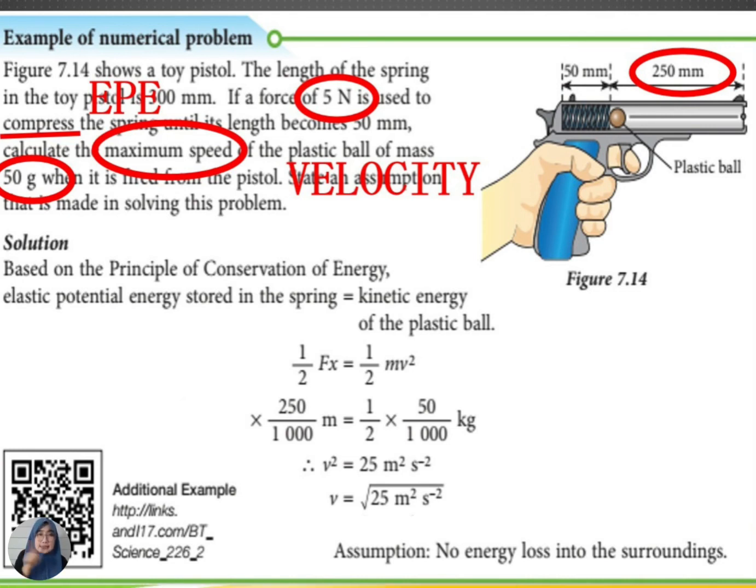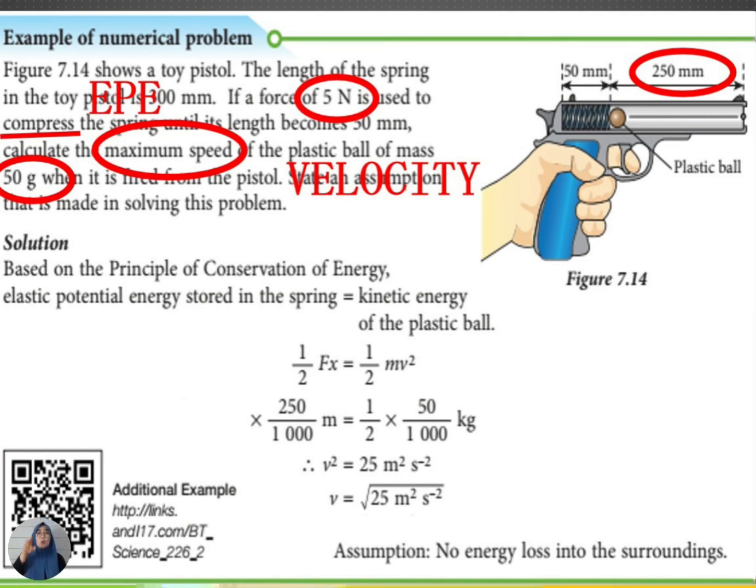Calculate the maximum speed, so maximum speed refers to the velocity, of the plastic ball of mass 50 gram when it is fired from the pistol. State an assumption that is made in solving this problem.